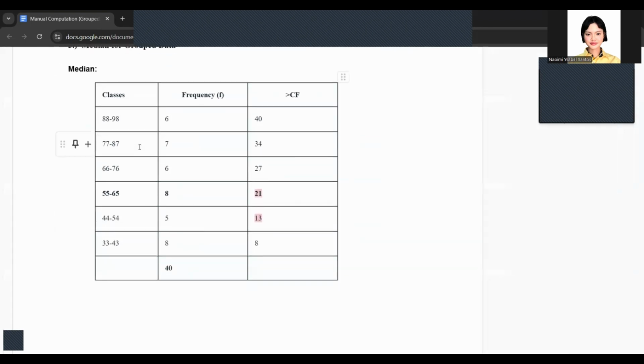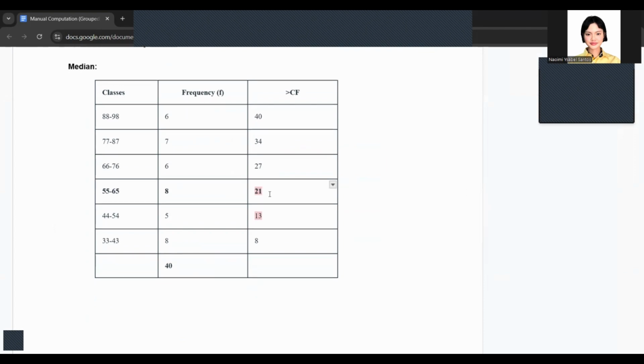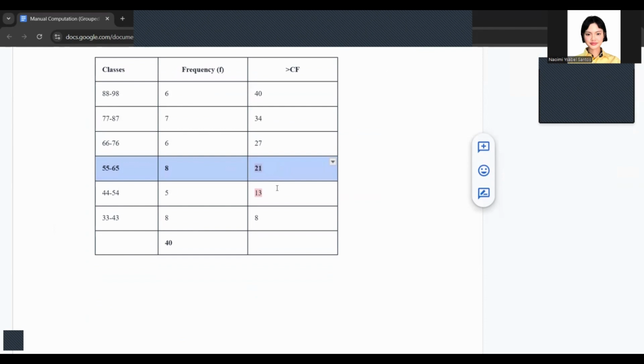So after getting the half of the n, we're going to look for the lowest cumulative frequency greater than 20. And in this case, it will be 21. So this row is now our median class, in which we will get all the numbers that are needed to get the median.